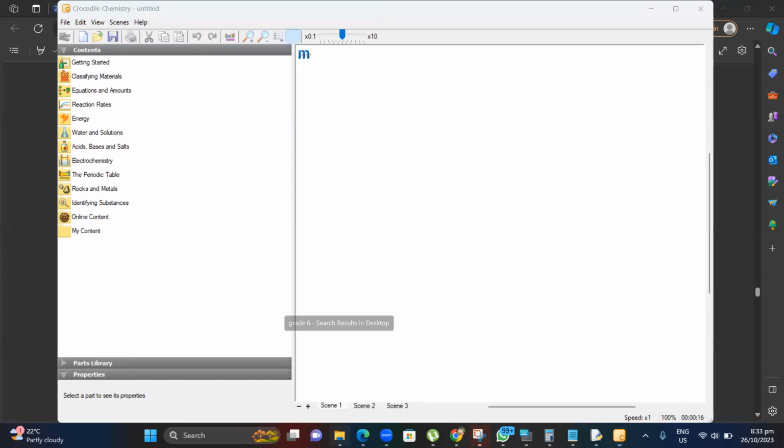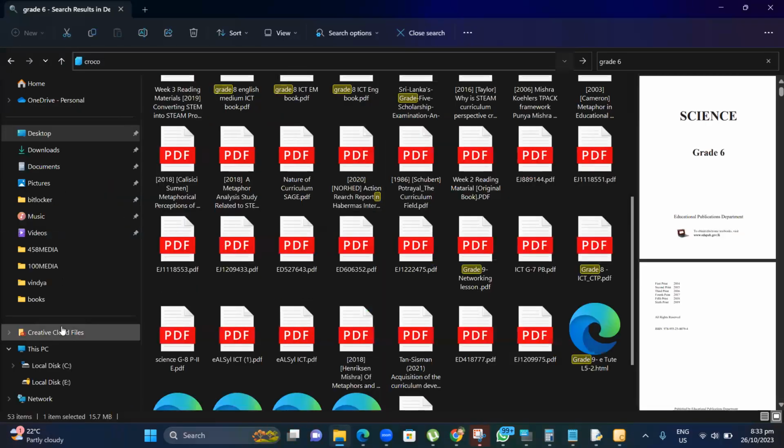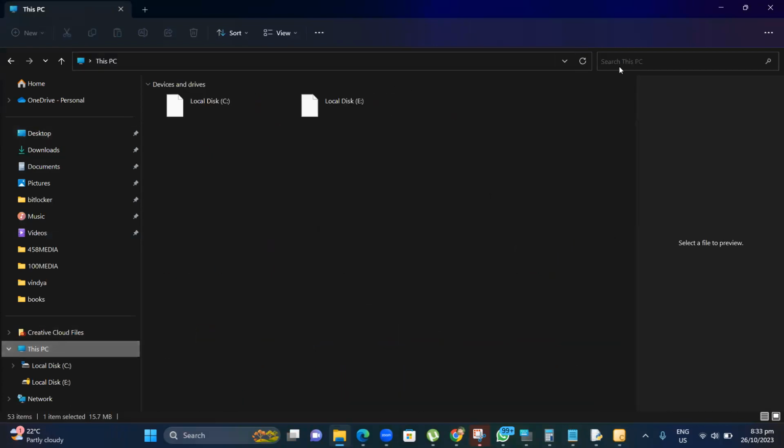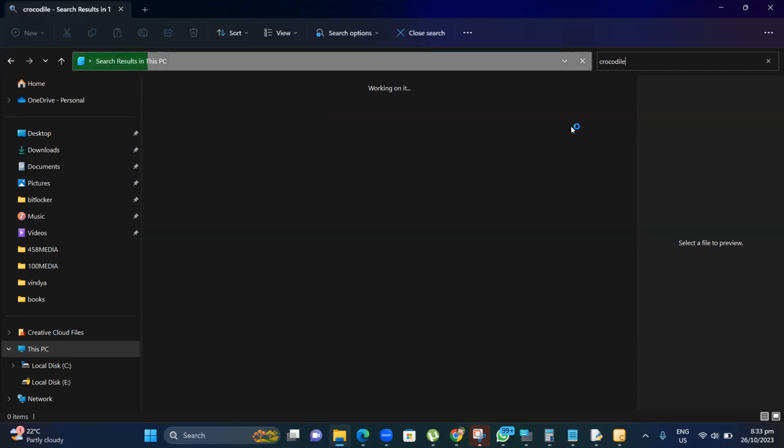What I can do is, I think I have Crocodile Chemistry on my computer. I will share it on Google Drive as a link. As I remember, I had this set up, but I'm not sure whether it's on this machine. This is my temporary computer.